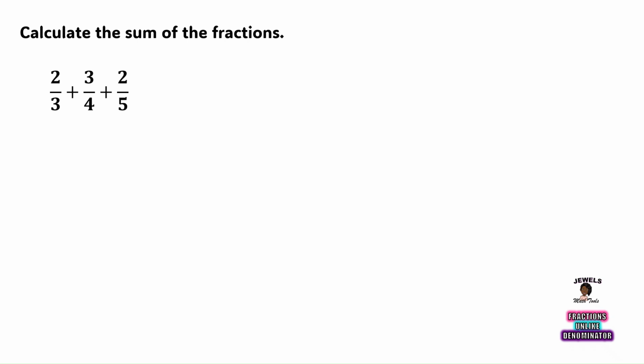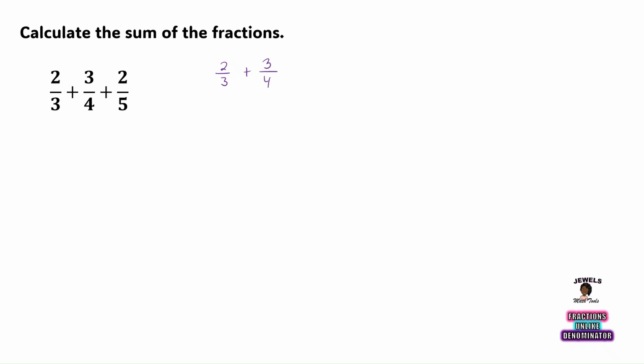So let's get started. Because we are working with addition and all of our fractions' denominators are different, you can decide to start with any two fractions that you choose. Since I'm working through this question, I will begin with the first two fractions in my equation. So I will begin calculating 2/3, and I'm adding that to 3/4.